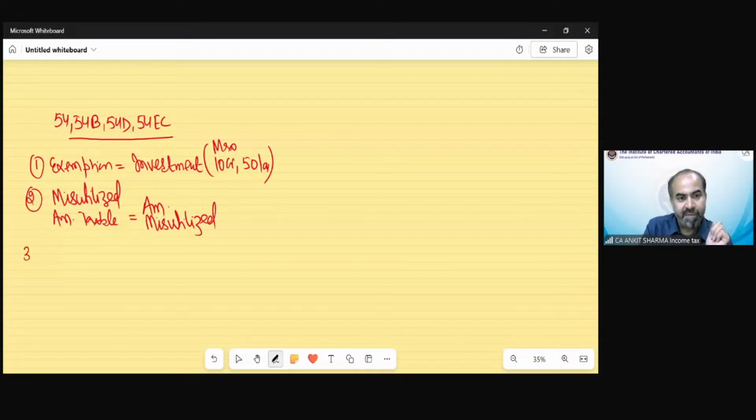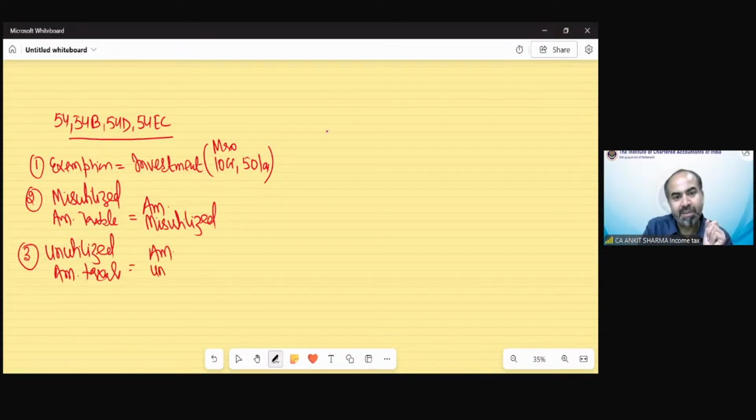In the same way, if I ask you how much unutilized amount is going to be taxable, the answer is the amount unutilized is going to be taxable. There is a very simplified provision in case of these four exemptions, that the amount of exemption is equivalent to your investment. But section 54F has a specific proportionate formula to give you exemption or to tax your misutilized or unutilized amount.